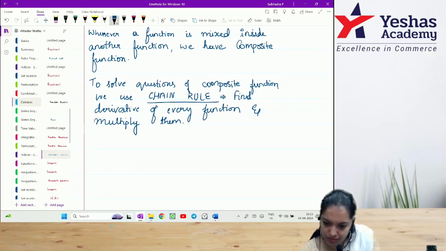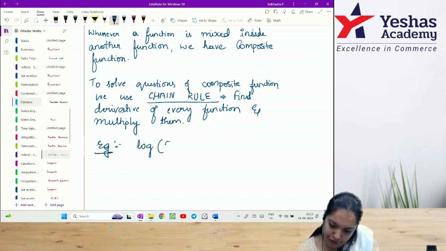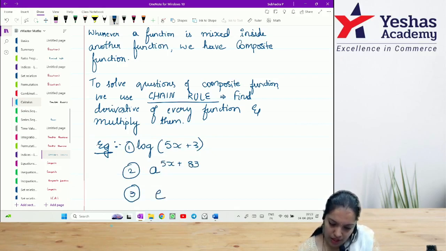Examples of composite function: first, log of 5x plus 3. Second, a to the power of 5x plus 83. Third, e to the power of log x.